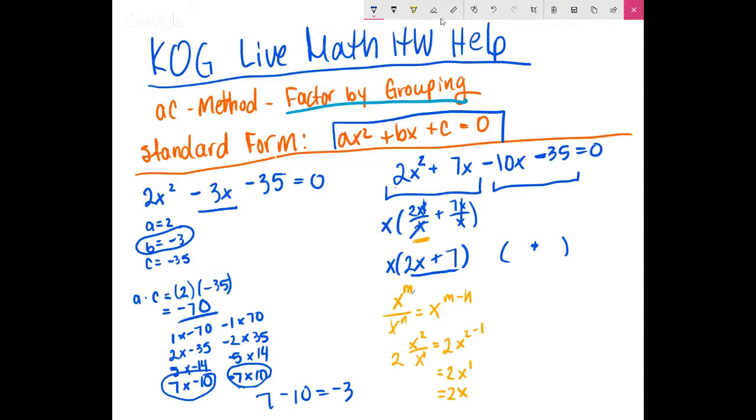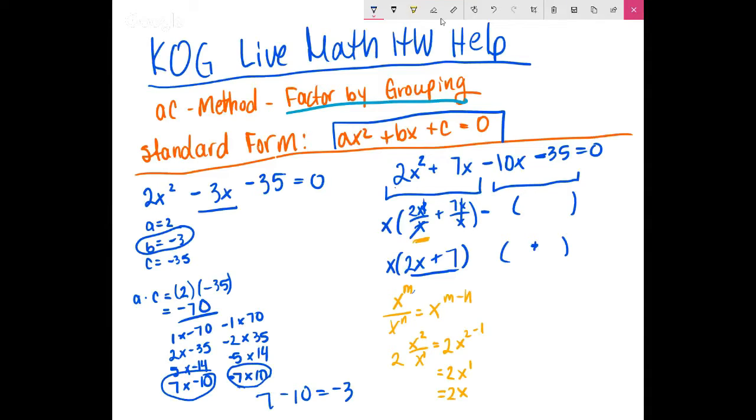So what we can do is factor out a negative number. So I'm going to write a minus sign here. And what do negative 10x and negative 35 have in common? Well, we know they have a negative number in common. Let's see. They got 5 in common.